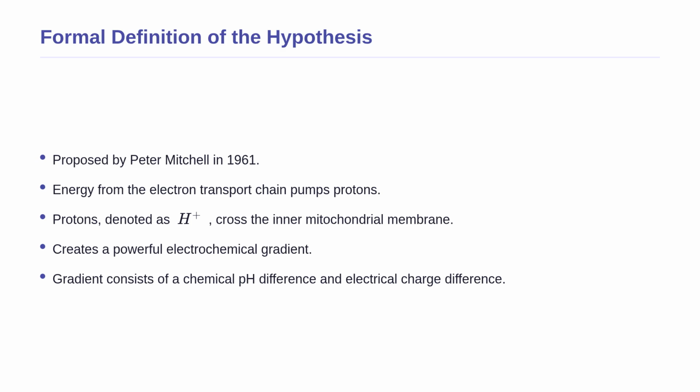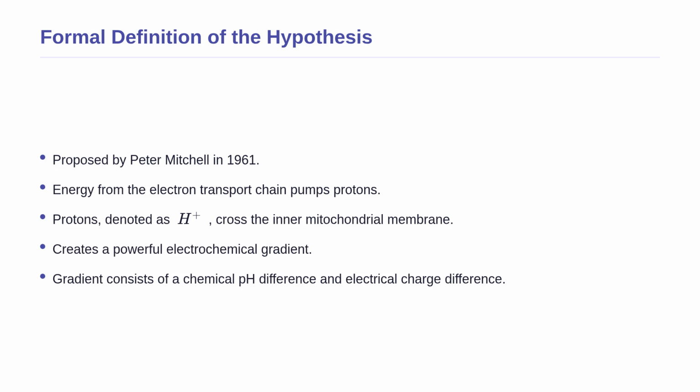Now that we have a mental picture, let us look at the formal scientific definition. Proposed by the brilliant scientist Peter Mitchell in 1961, the chemiosmotic hypothesis explains how cellular respiration produces ATP. The energy released from the electron transport chain is used to pump protons across the inner mitochondrial membrane.